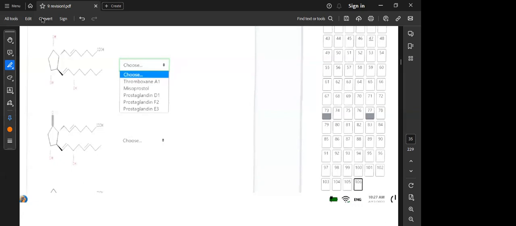We said the first is F2 and the other is E3. What is the difference between those two anyway? Interesting, there's no explanation there. I don't know if there's further discussion.